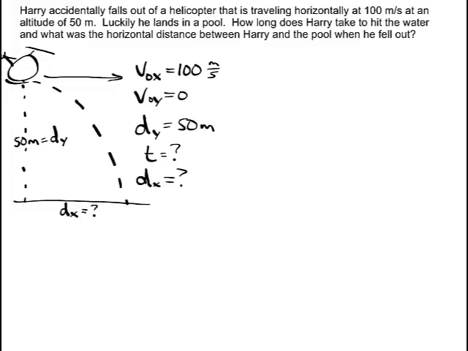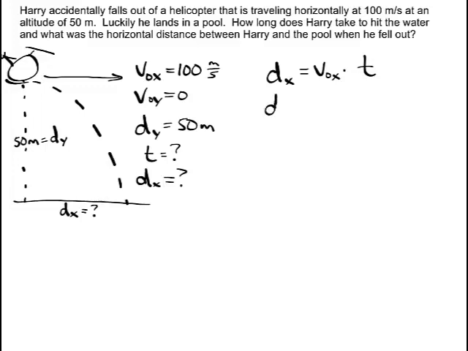Okay, so we have a couple equations that we use for this. The one for the horizontal motion says that the distance that is horizontal equals the initial velocity that is horizontal times the time. It's a real simple equation because there's no acceleration in the horizontal direction.